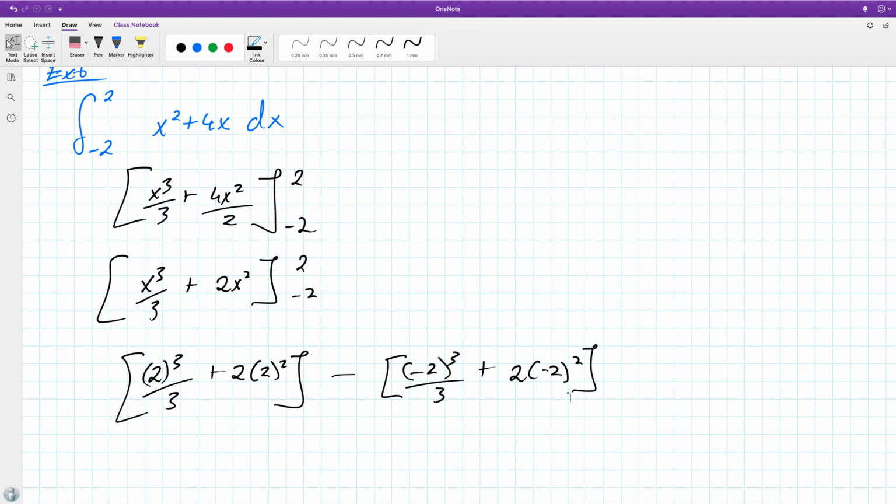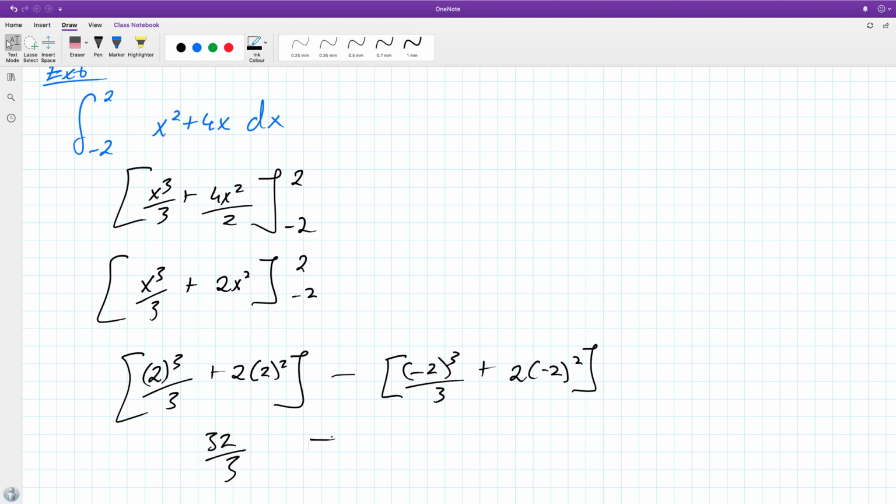Put it straight into the calculator. 2 cubed over 3 plus 2 times 2 squared. Get 32 over 3, minus.